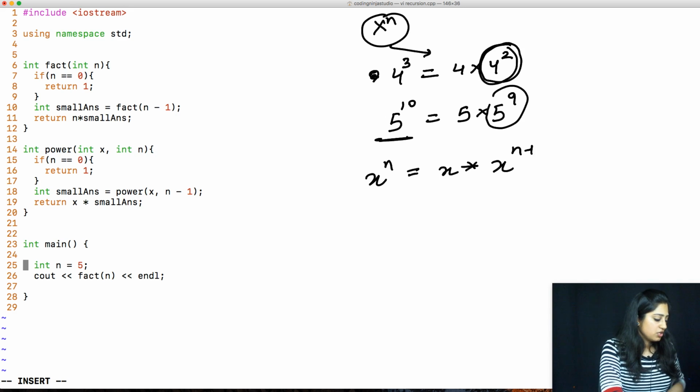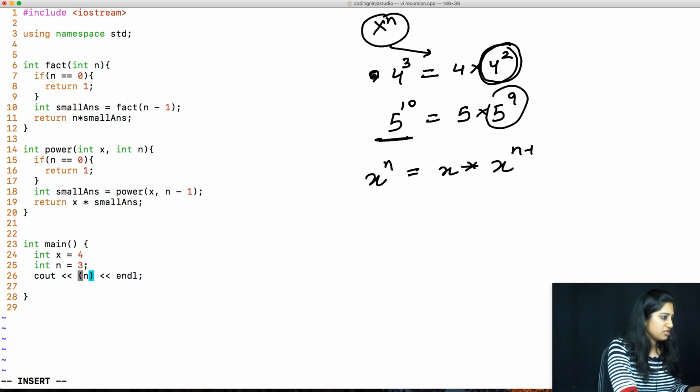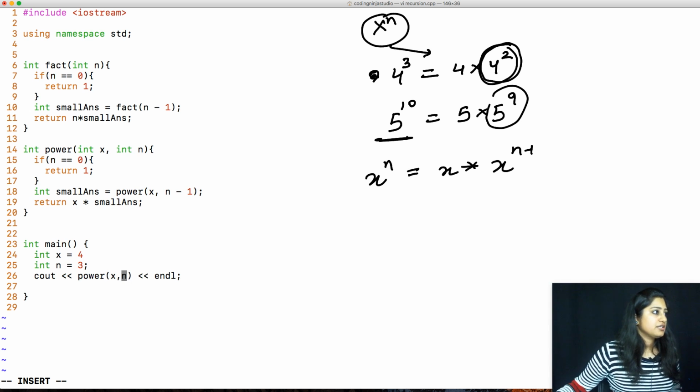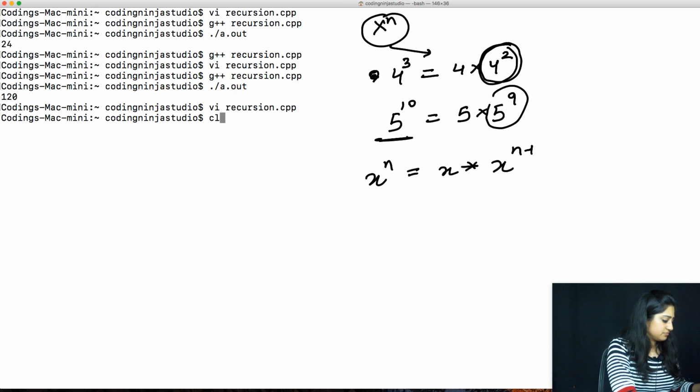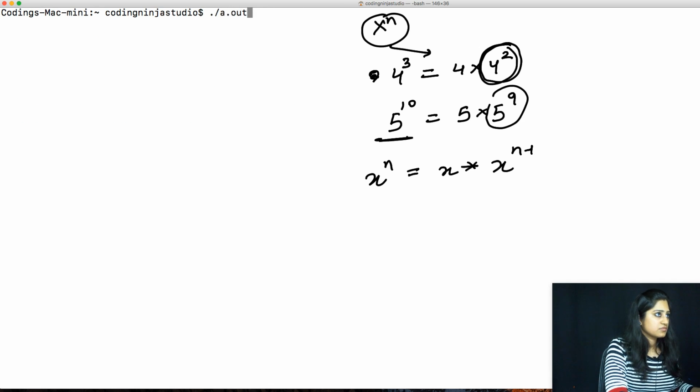Okay, so let's just run it. Let's say we take a smaller value. X is 4, n is 3. Now I don't need factorial, I need power, and x comma n. Let's just run it.